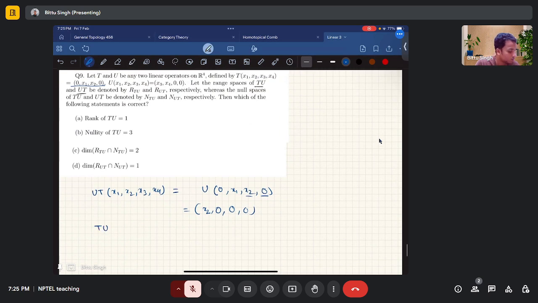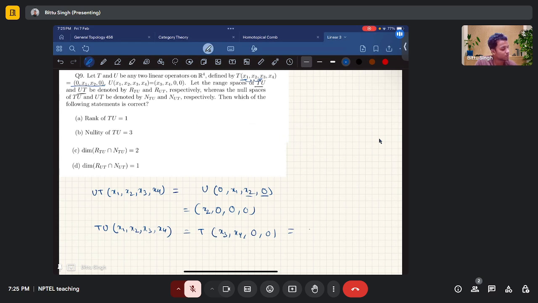Similarly, TU of x1, x2, x3, x4. By definition, applying U, this will give x3, x4, 0, 0. Now applying T, what T is doing, T is just shifting this x1 in the second place, x2 in the third place, and other things become 0.